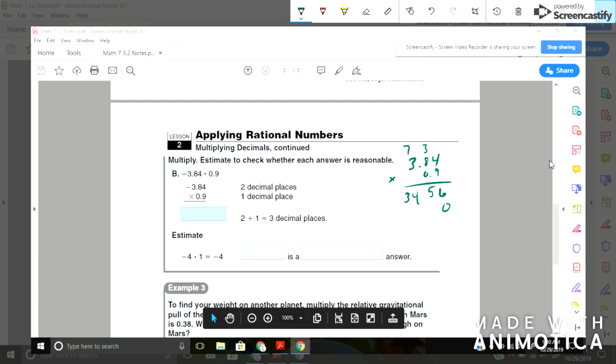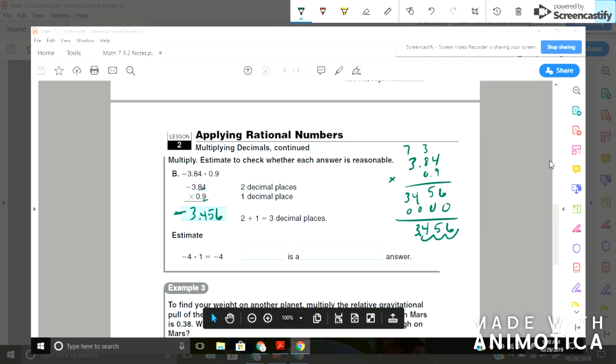And from there, I'm going to come up with a bunch of zeros, 0, 0, 0, and add 6, 5, 4, 3. That's kind of cool. And then in the end, remember I said a negative times a positive is a negative, and I had two numbers after the decimal here and 1 here for a total of 3 decimal places I need to move for my final. So 1, 2, 3 spots. So negative 3.456 would be my answer.